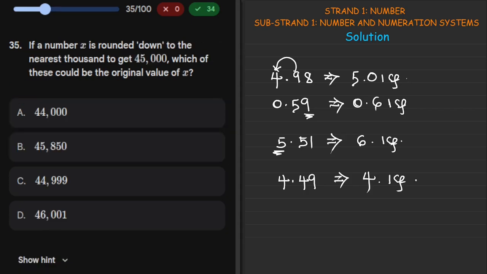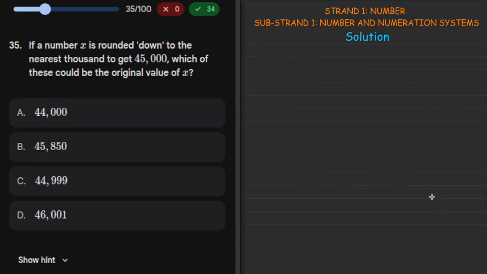The next question, it says if a number x is rounded down to the nearest thousands, to get, so our number we are actually getting is a 45,000. That is after the round down. Which of these could be the original value of x? We are rounding down.